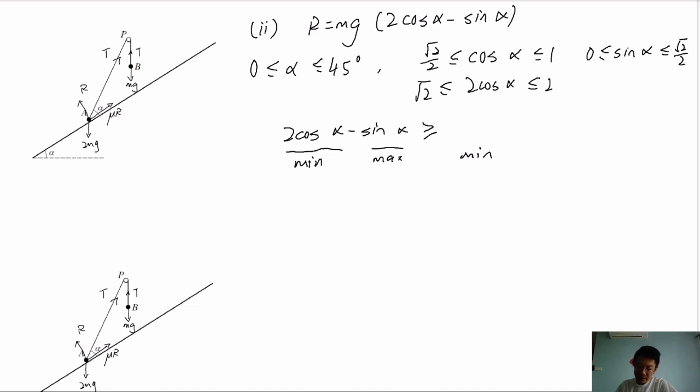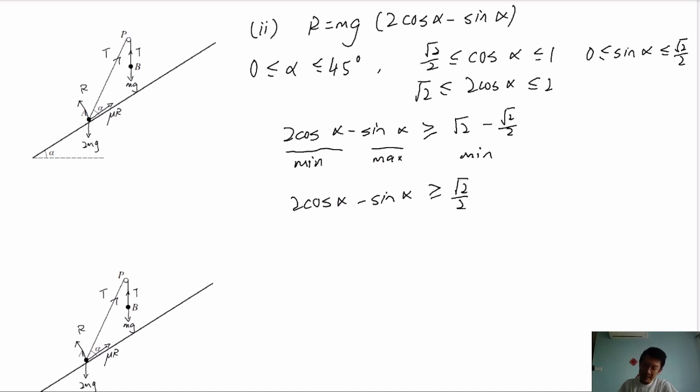The minimum value for 2 cos alpha in this case is root 2, and the maximum for sine alpha is root 2 over 2. So we obtain that 2 cos alpha minus sine alpha is greater or equals to root 2 over 2.